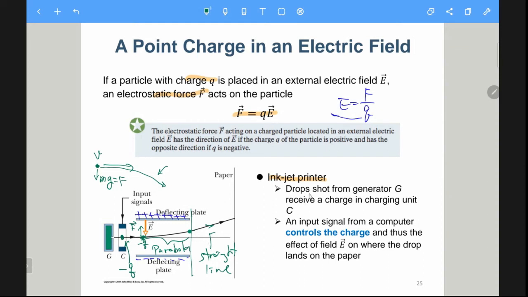So we can control the amount of Q so that we can make the ink shoot to different positions to print out some text or image that we would like. So this is the paper. Okay, so this is a simple explanation for the mechanism of the inkjet printer.